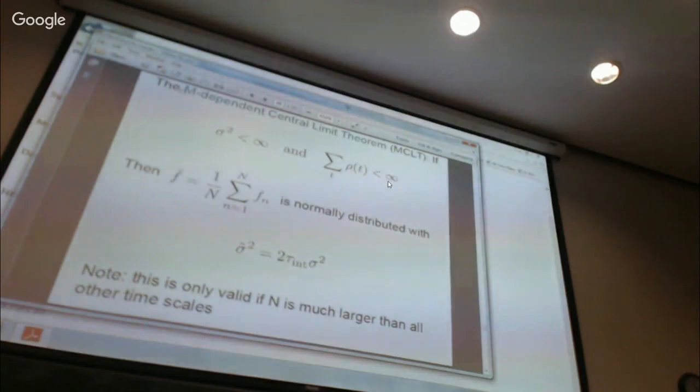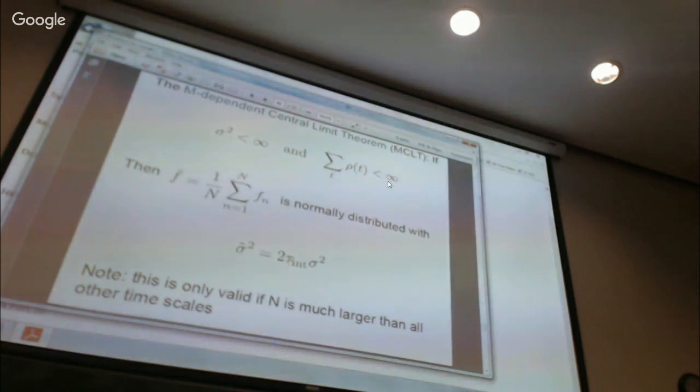So even if you're separated by more than tau int steps, that doesn't necessarily mean that autocorrelation is absent, right? Autocorrelation is only absent after tau x steps, because that's when the asymptotic behavior of the autocorrelation function falls. So this is a sore point, but that's the truth.